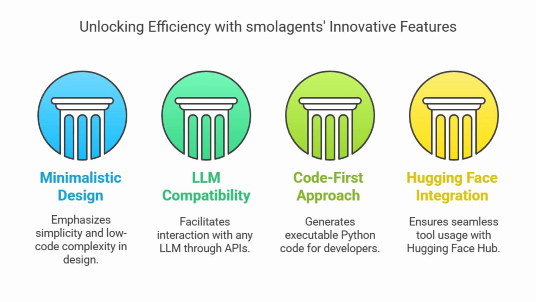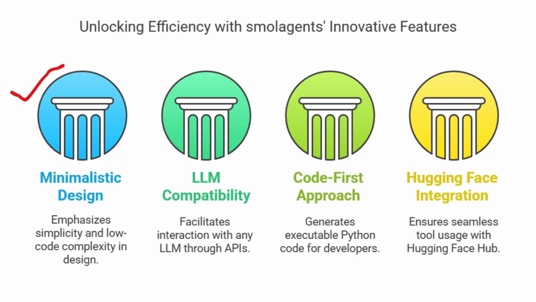There are four main advantages that make Smolagents stand out: the minimalistic design with low-code complexity; it works with any LLM via Hugging Face and external APIs; it has a code-first approach, which generates executable Python code; and seamless integration with Hugging Face Hub for easy tool usage. Let's go through each of these in detail.